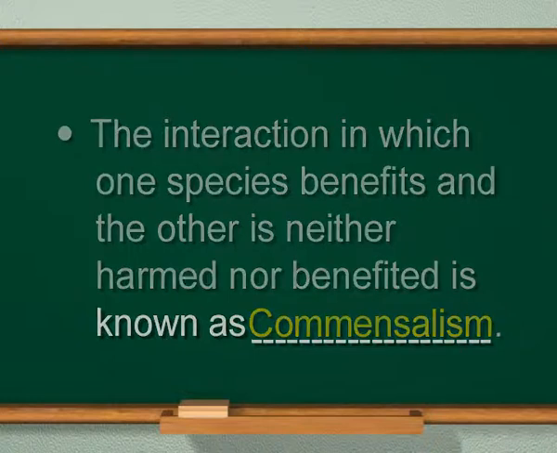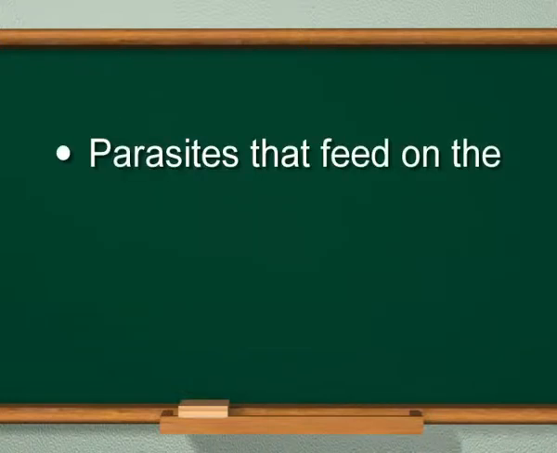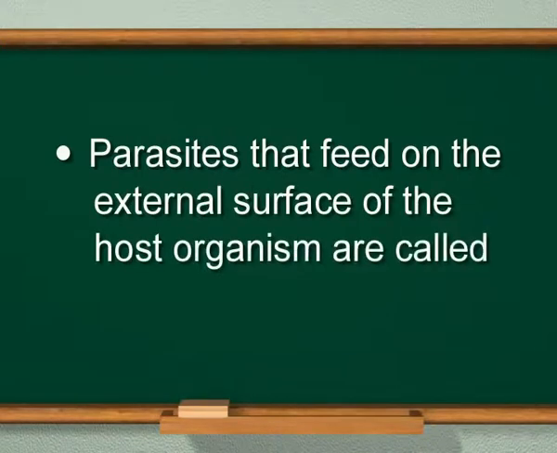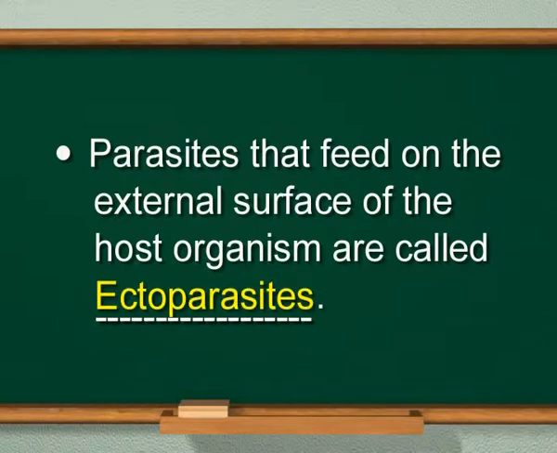The next question is, parasites that feed on the external surface of the host organism are called dash. The answer is, parasites that feed on the external surface of the host organism are called ectoparasites.